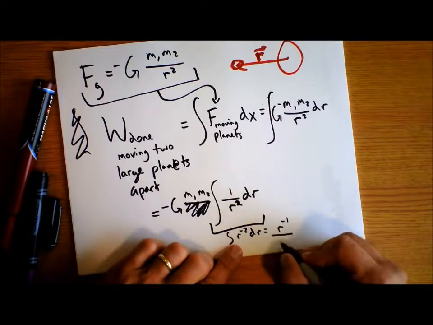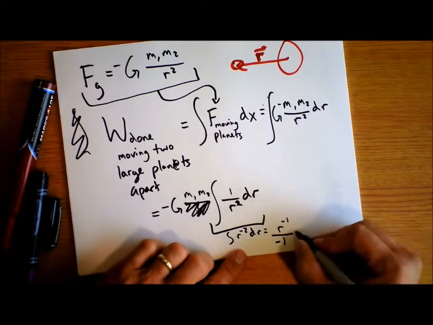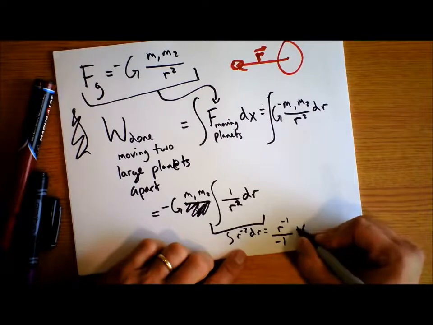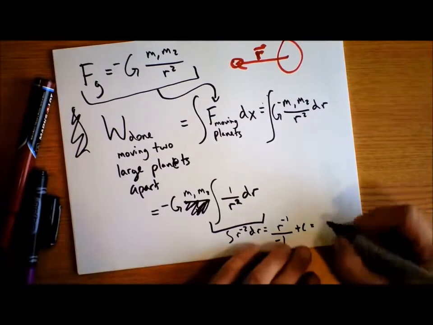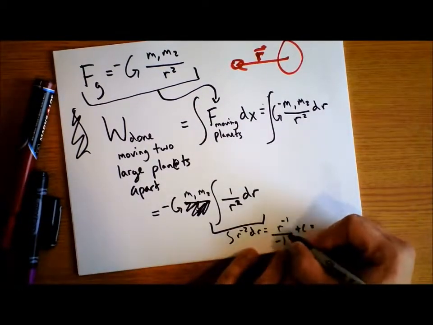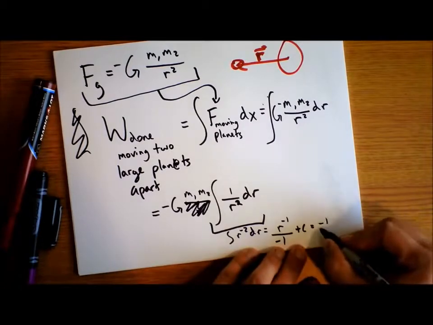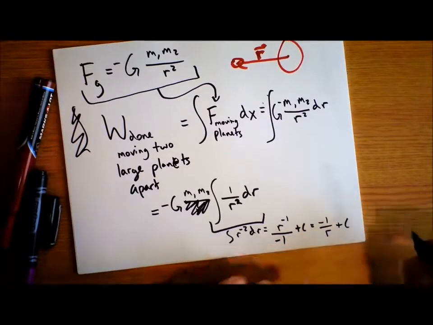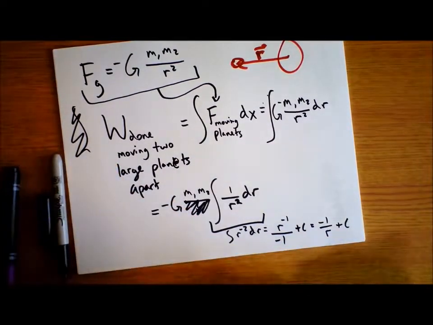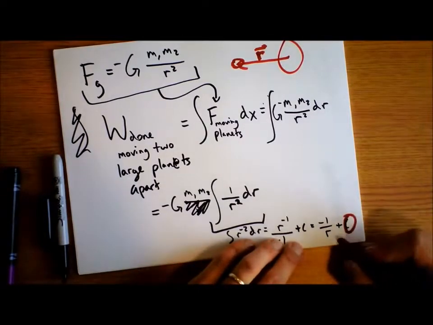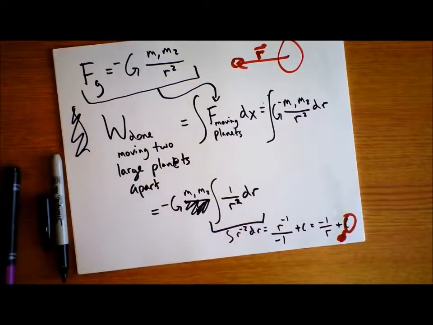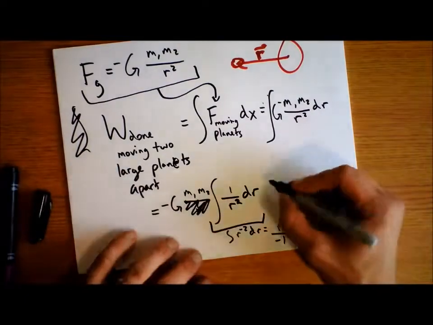So this is r to the negative 1 divided by negative 1, plus some constant. Let's simplify this a little bit more. It's negative 1 over r plus a constant. Again, our constant's going to be 0.